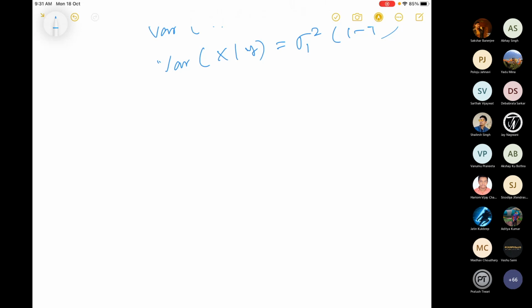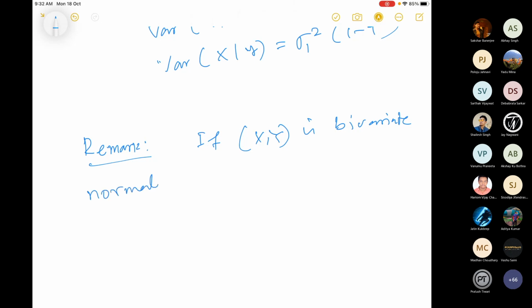Let me make a remark: if (X, Y) is bivariate normal, then X and Y are normal.